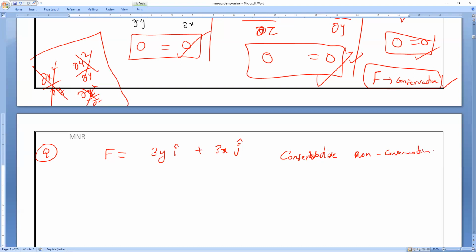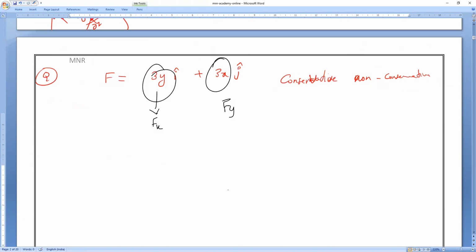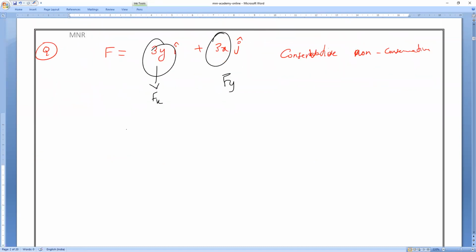So remember, everyone, all these values are not supposed to be equal, maybe equal or not equal. But these two should be equal, these two should be equal, and these two should be equal. So here I will identify this is fx, and this is fy. So that's all, you can make it now.